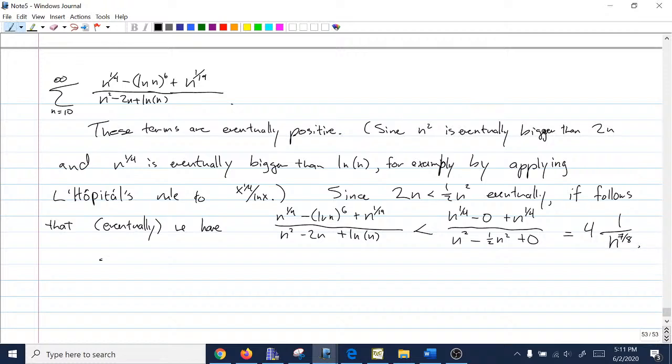So, since the sum of 4 over n to the 7/8 is, it's not quite a p-series, it's a constant multiple of a p-series. I like being precise about that language.